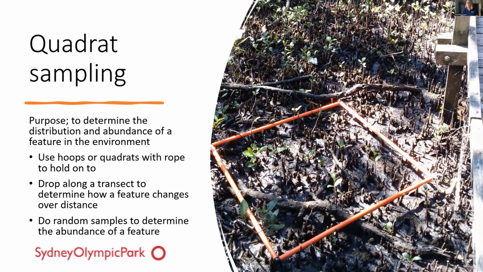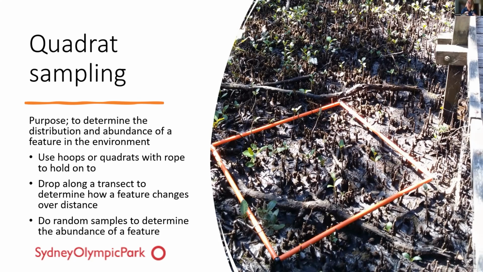You can also do quadrat sampling within a built environment. You might like to look at the amount of litter in a school ground, and so you might do quadrat sampling for that as well. For this one, it's nature-based, for you guys today, based around our earth sciences, and this is one way to do it. Obviously, the scale of your quadrat is going to change depending on what you're actually counting.